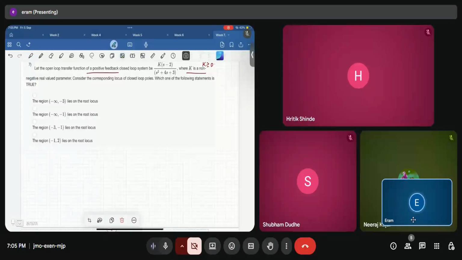Now first let's calculate the poles. What are the poles? It will be at 4s plus 3 equals 0.